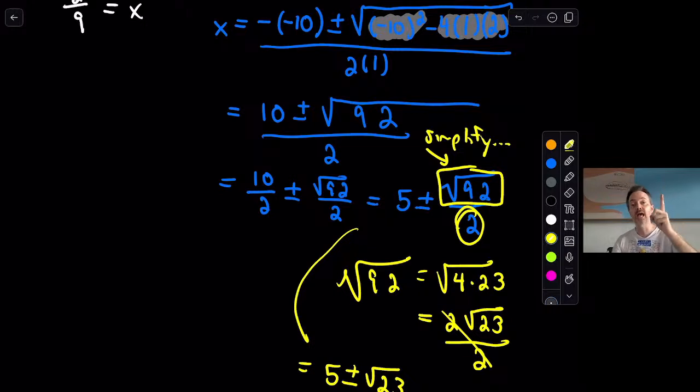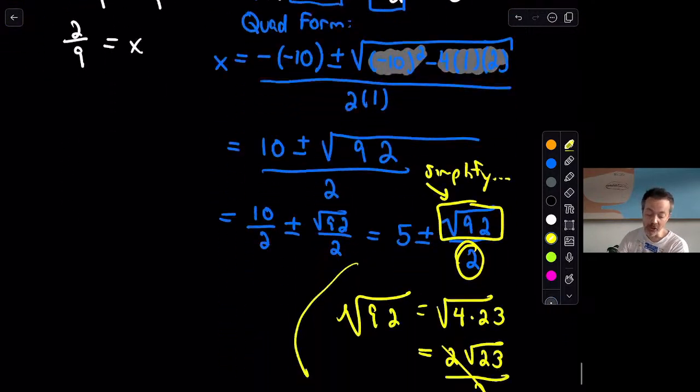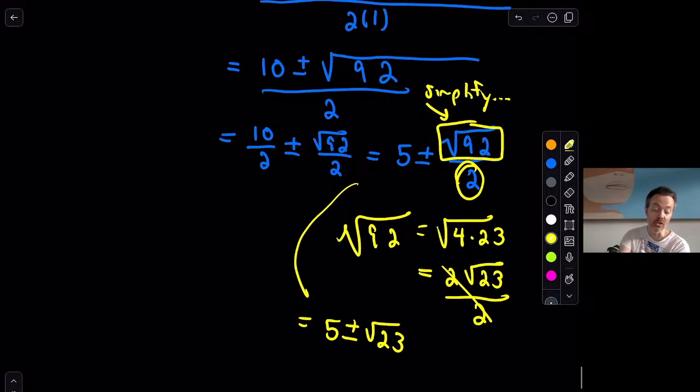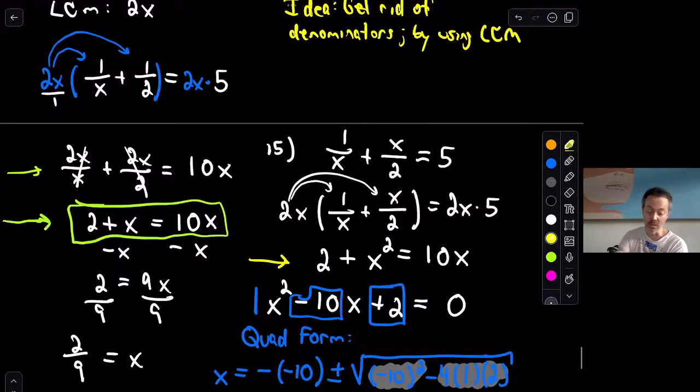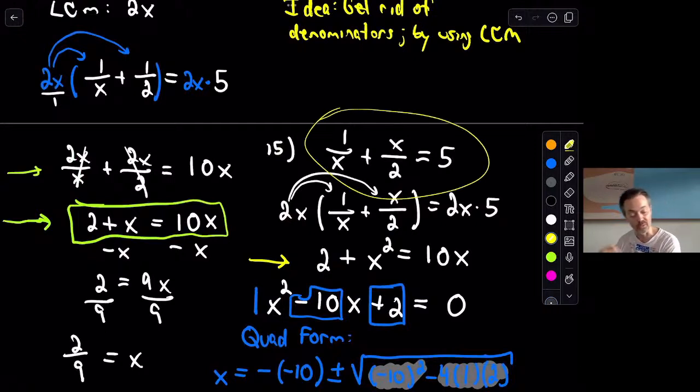One thing I should absolutely mention: with rational equations, in general, check your solutions. So do check that both of these will, in fact, satisfy this original.